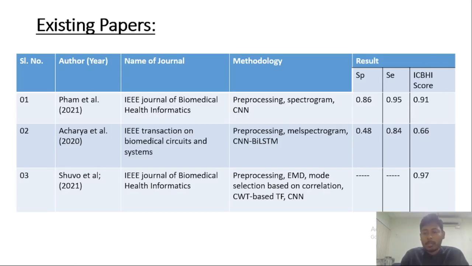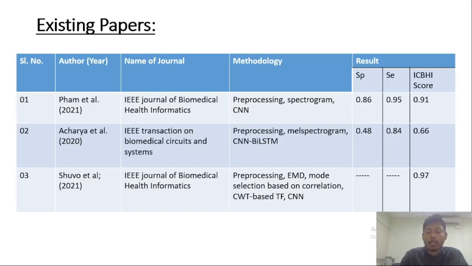The first paper got the highest ICBHI score of 0.91, whereas the second paper, which was published in Transactions on Biomedical Circuits and Systems, got an ICBHI score of 66% only. In 2021, the third paper, which was also published in JBHI, did some pre-processing, then empirical mode decomposition, which is a non-stationary signal processing technique that decomposes the signal into constituent modes.